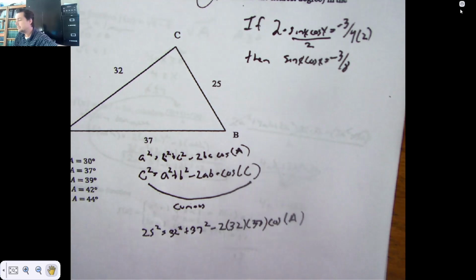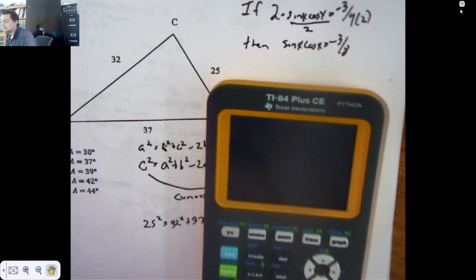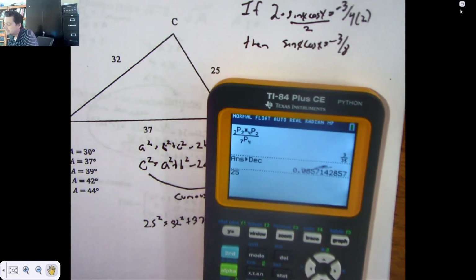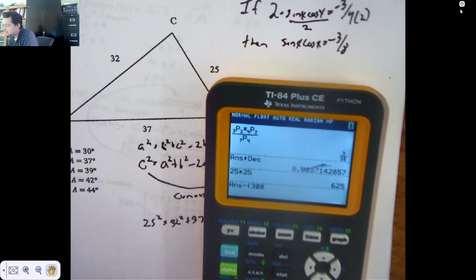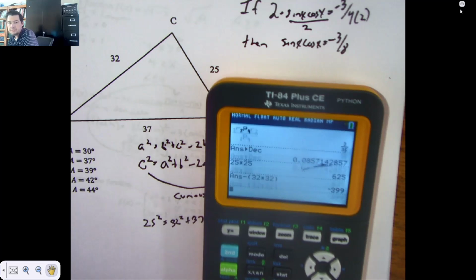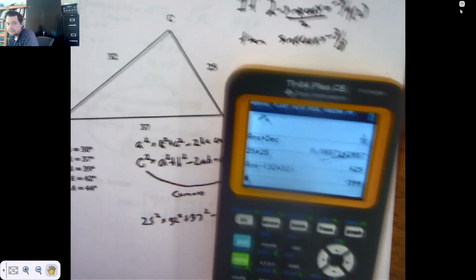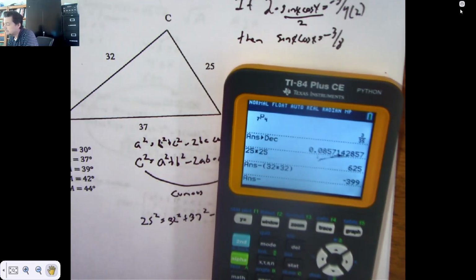You're going to figure out what 25 times 25 is. You're going to take away from that 32 times 32. You also got to take away from that 37 times 37.